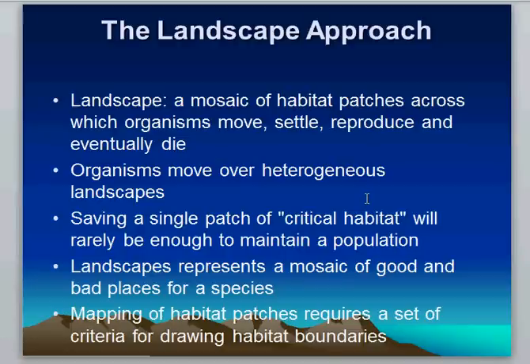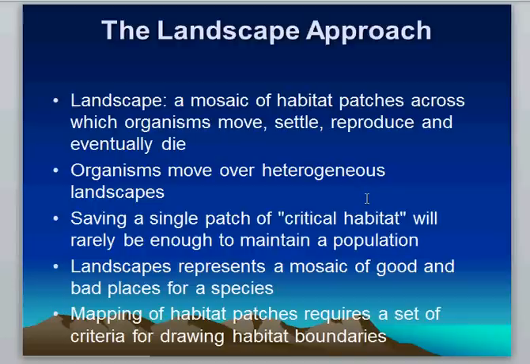It's trying to link together the remaining patches of good habitat for species like the tree kangaroo and the cassowary, and a number of other species as well, like bandicoots and paddymelons and wallabies, okay, so that this fragmented habitat can work together as one metapopulation, and one population, be it a sink or a source population, can rescue other populations which may be in trouble due to some sort of stochastic event like a fire or something like that.